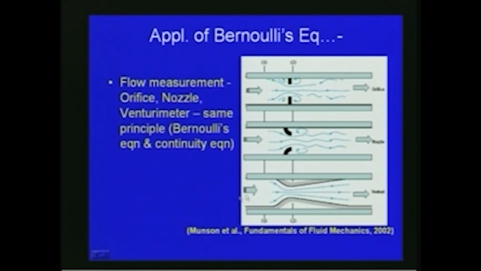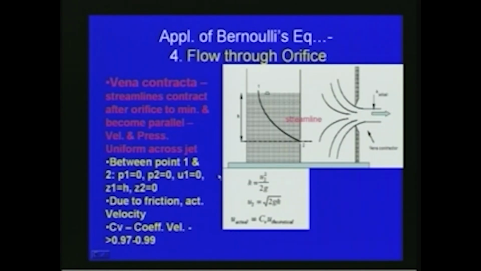These are some of the equipment used for flow measurements, where we utilize the Bernoulli's equation and the continuity equation together, so that we can find the flow velocity or the discharge at particular sections of a pipeline. Especially this mechanism is used for pipelines. This is one of the applications of Bernoulli's equation.